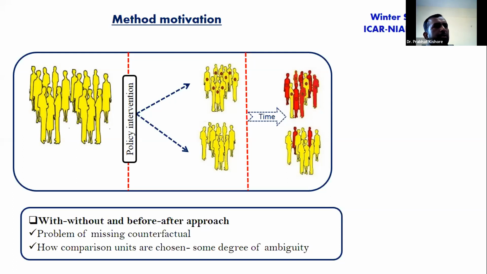You cannot have the same person both with training and without training at the same time. It is very difficult to get a clone of one person. So in statistics, we call that the problem of missing counterfactual.